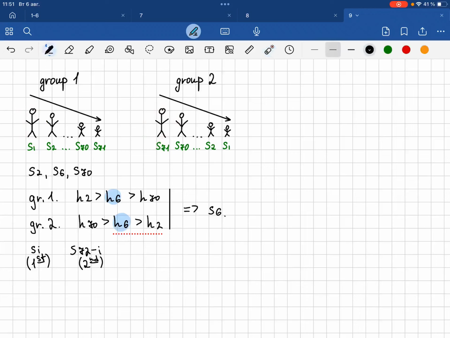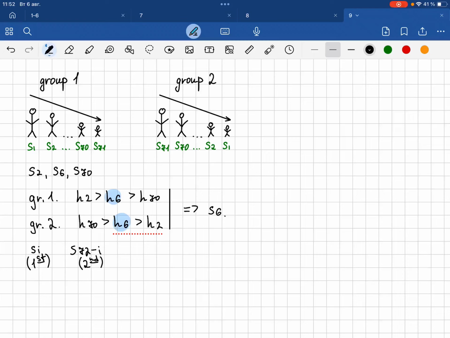Okay, so since both groups are equivalent for us and we don't even know the group from which we're choosing, since the names are the same, the heights are the same. The difference is in the correspondence between the names and the height of the student. So the boys can uniquely identify the student if and only if the names are the same.